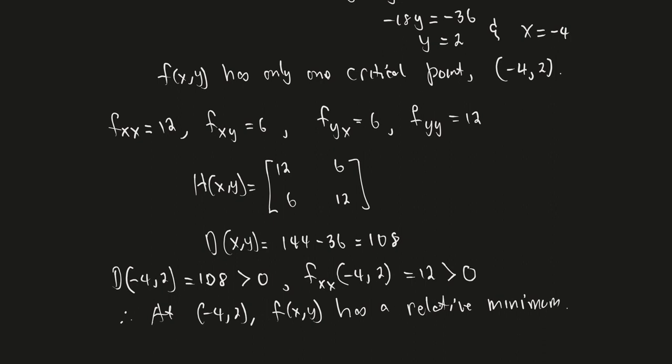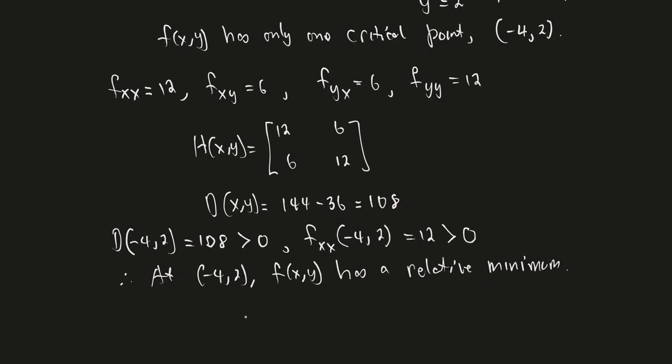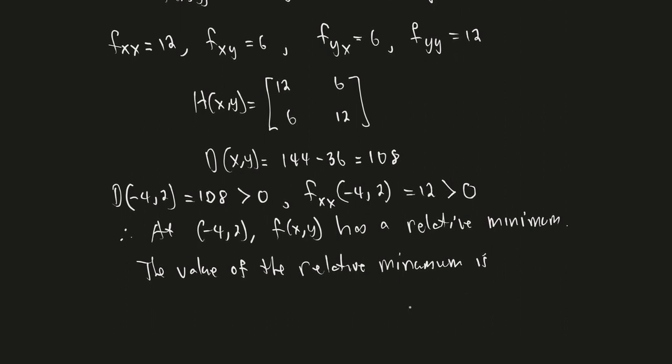If we wanted to know what the actual minimum z value is, then we would have to evaluate this in our original function, right? So just as a point of clarification, the value of the relative minimum is f of (-4, 2). So you'd have to evaluate it.